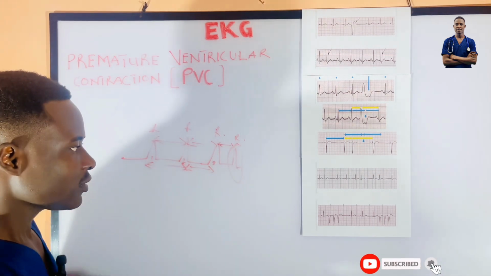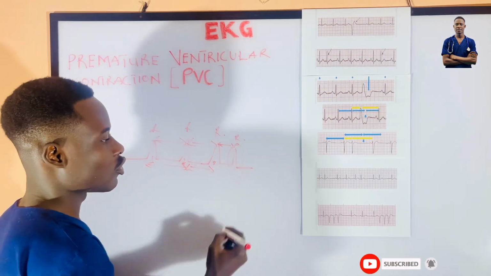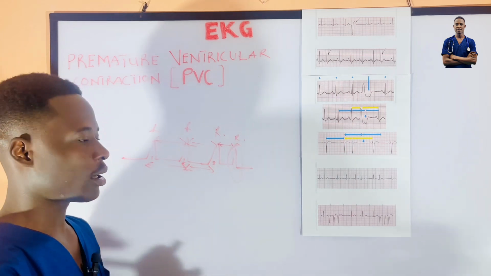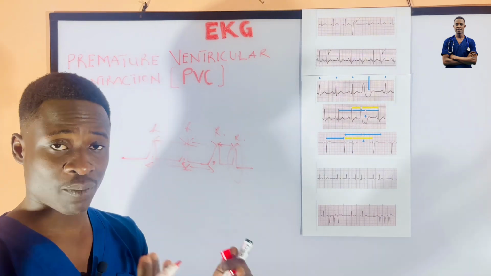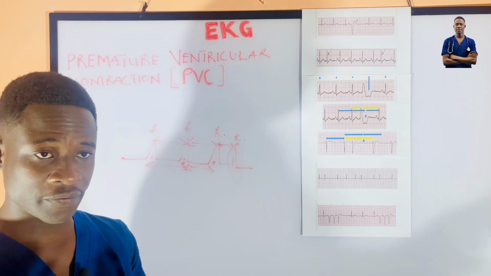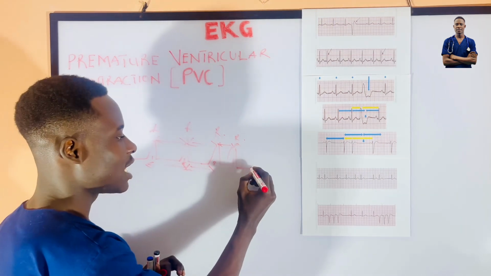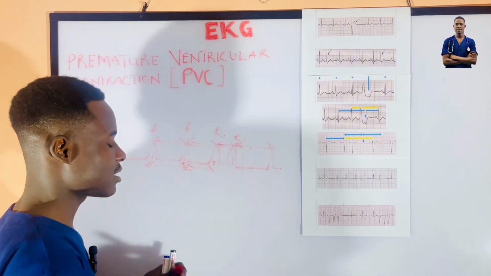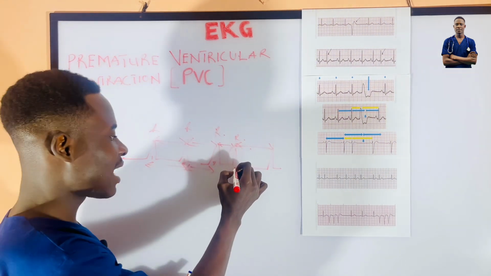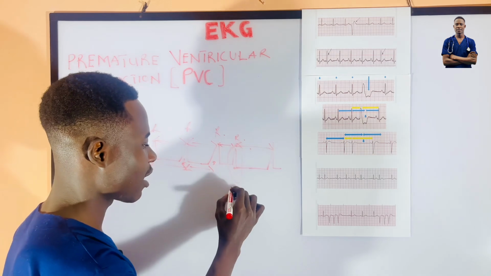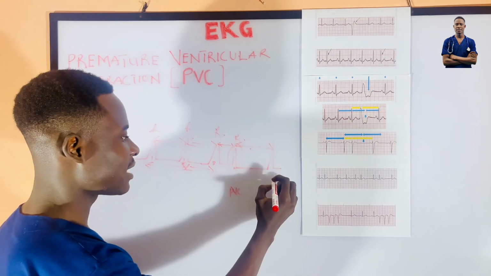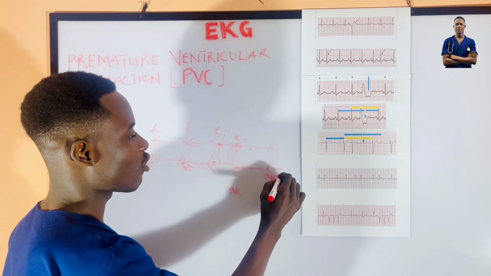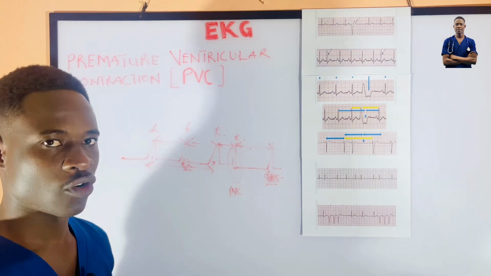Now, after the contraction of the ventricles, or after the QRS complex which is an abnormal one, the PVC, after that there's a very large distance between that PVC, this is our PVC, and the normal QRS complex generated over there.